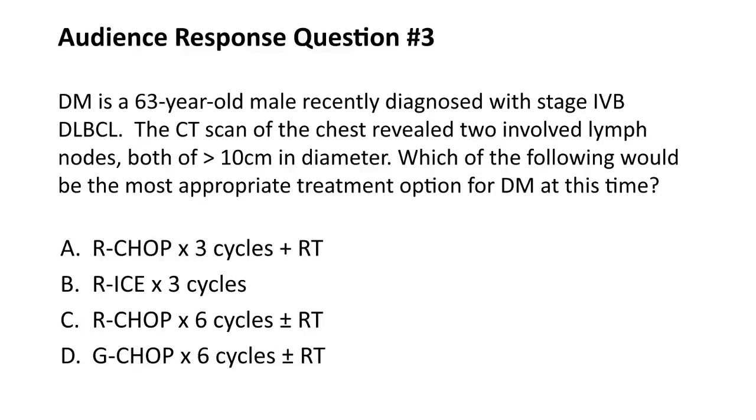So which of the following is the most appropriate treatment option for this patient at this time? Is it A, R-CHOP times 3 cycles plus radiation therapy, B, R-ICE times 3 cycles, C, R-CHOP times 6 cycles plus or minus radiation therapy, or D, G-CHOP times 6 cycles plus or minus radiation therapy?